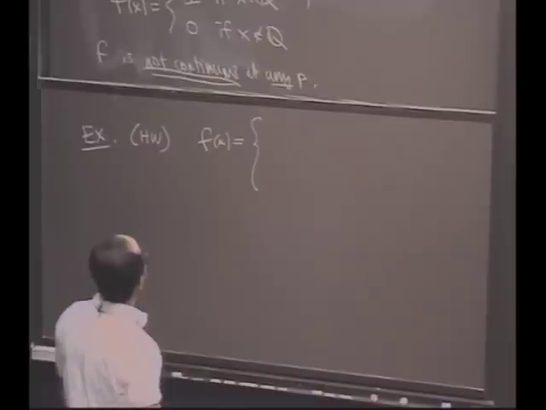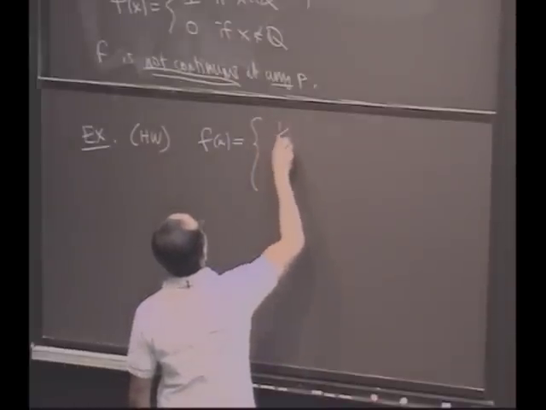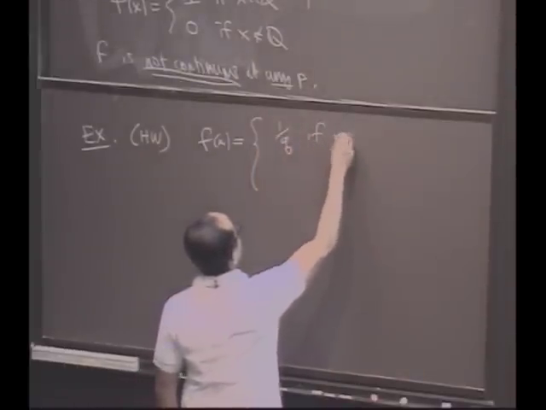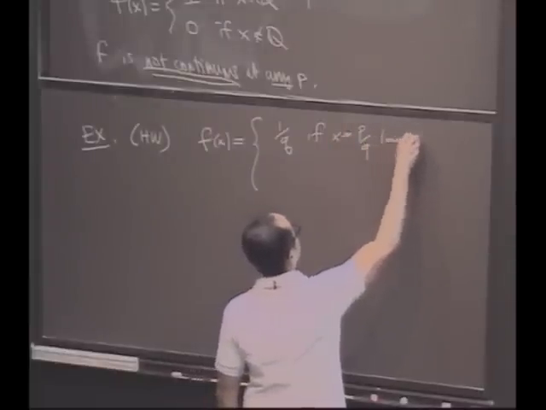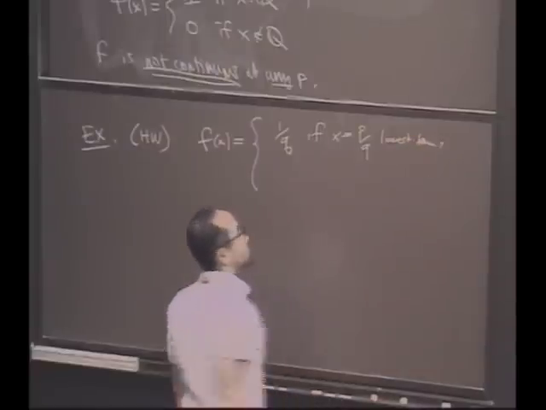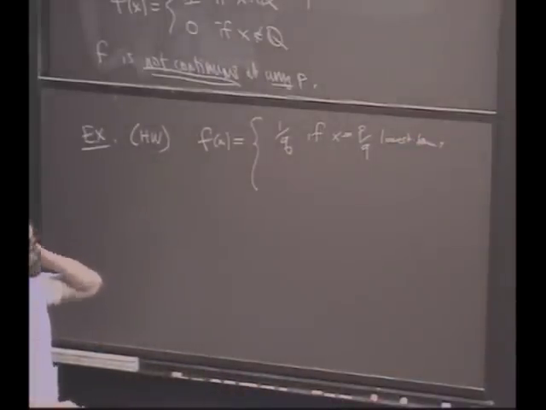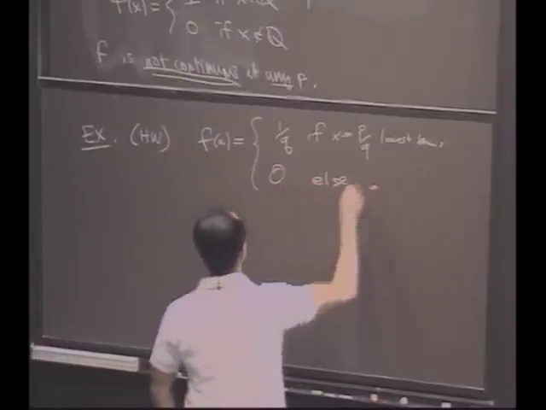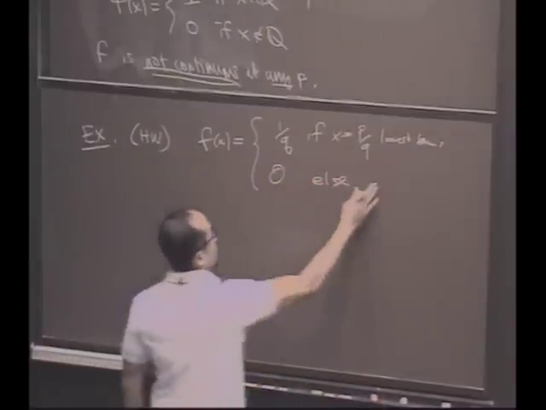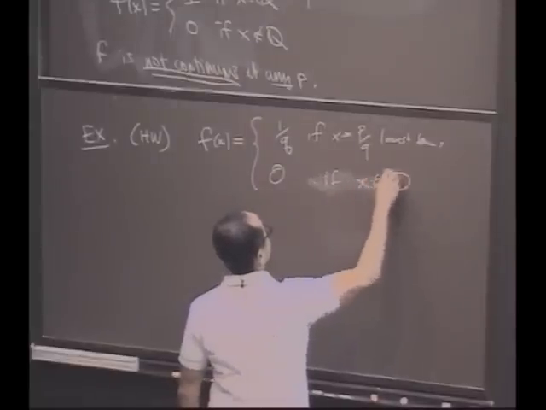But let's define it to be 1 over q if x is rational of the form p over q in lowest terms. A little more interesting. Okay? And let's define it to be 0 if x is irrational.